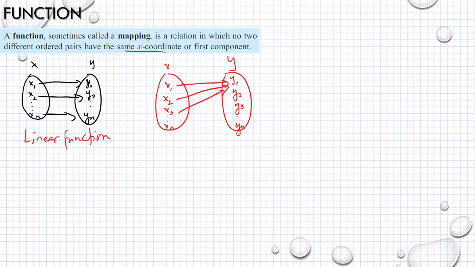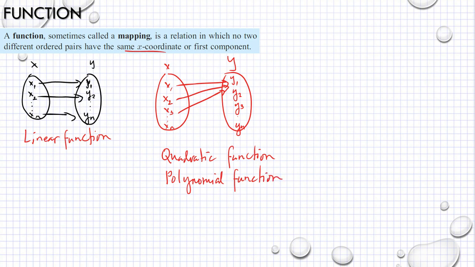But if we have only two roots, then we have the quadratic function. Then we have the polynomial function wherein your roots are more than 2.